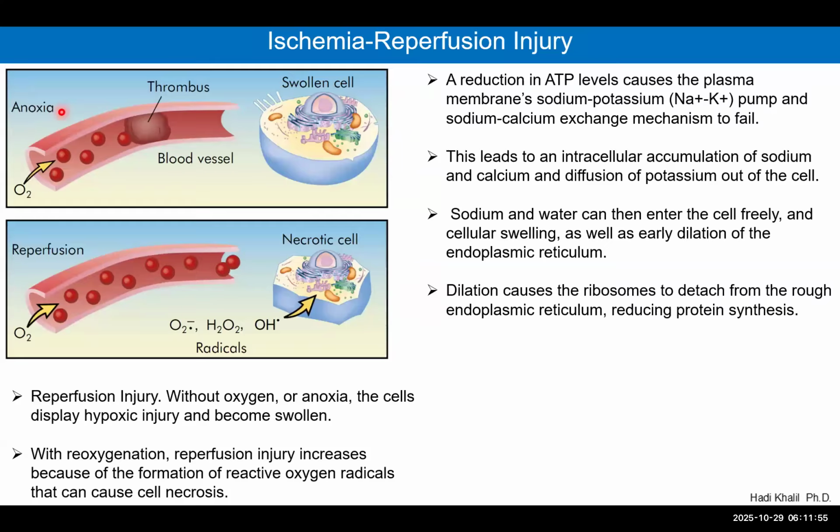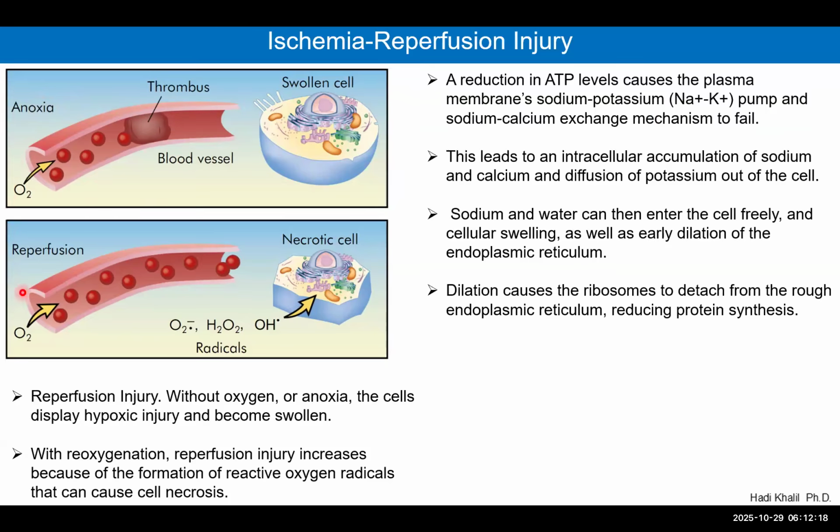So you still have some hypoxic condition that is not 100% blocked, like anoxia. What happens there? Most of the time, the cells become swollen. And now I will describe for you what causes the cell to be swollen.